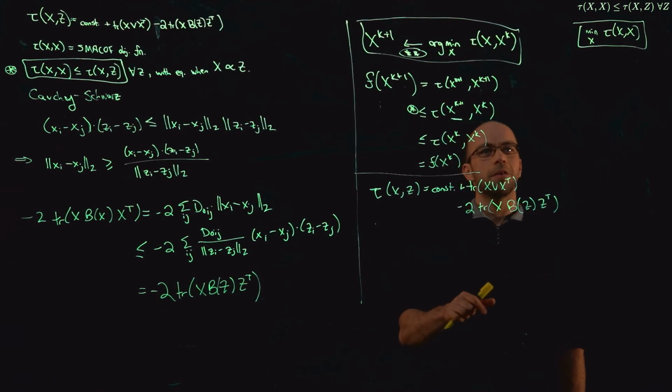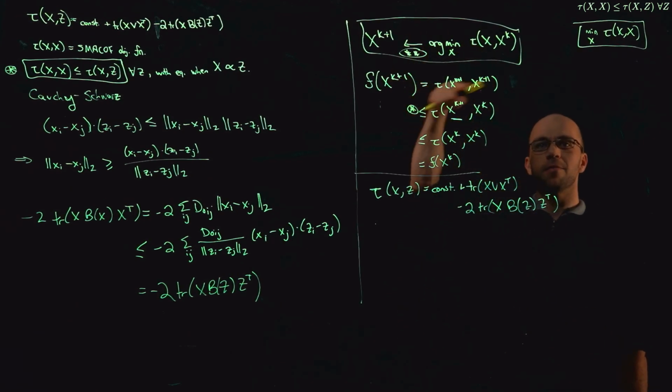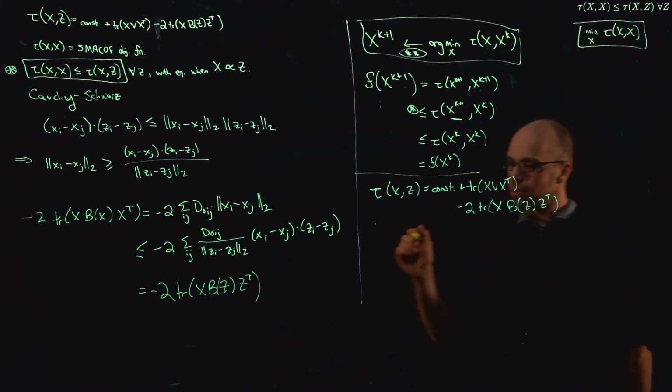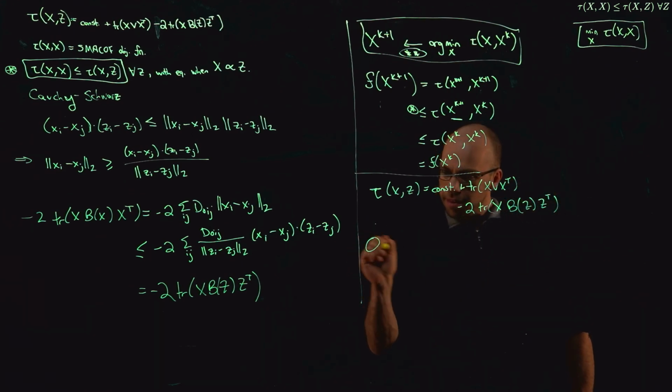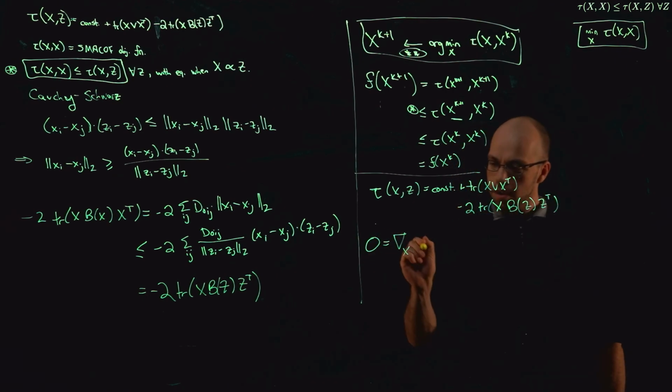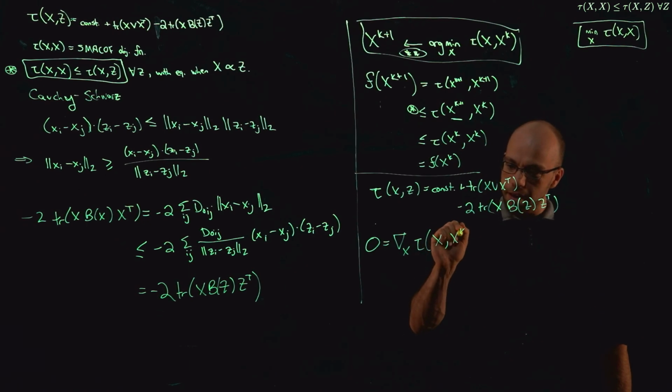Okay, so if I want to minimize this problem with respect to x, with xk fixed as z, then what do I do? I want to set the gradient equal to 0. So I have the gradient with respect to x of tau of x, xk, like that.